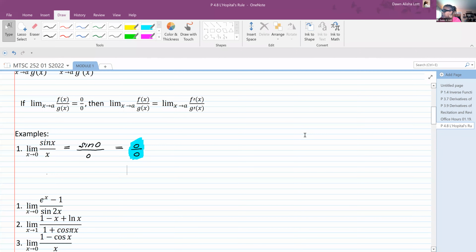So the next step says, let's redo this problem. I usually write an arrow with an LH over it so that I know I am now using L'Hopital's rule.